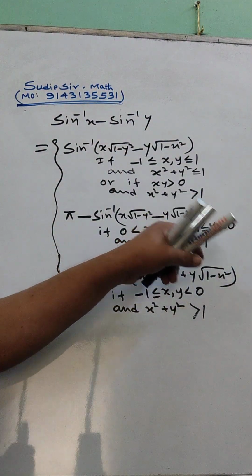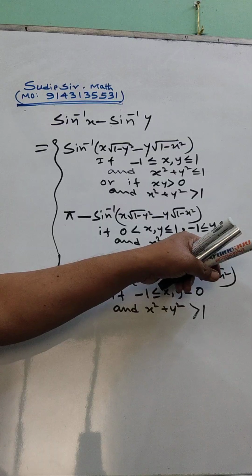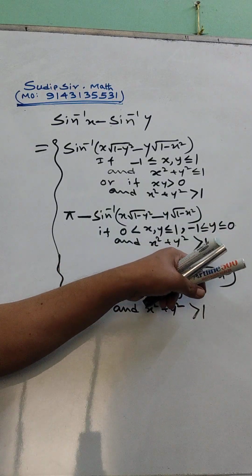We have to check for this: −1 ≤ y ≤ 0 and x² + y² > 1.